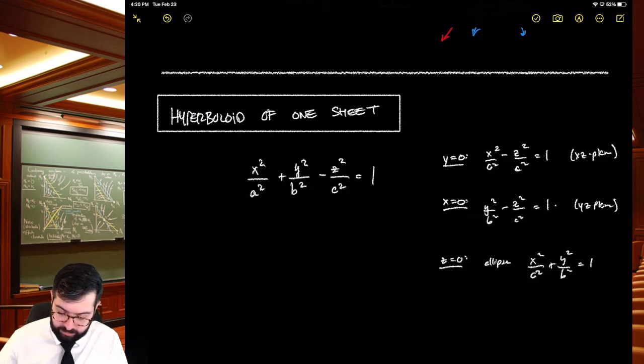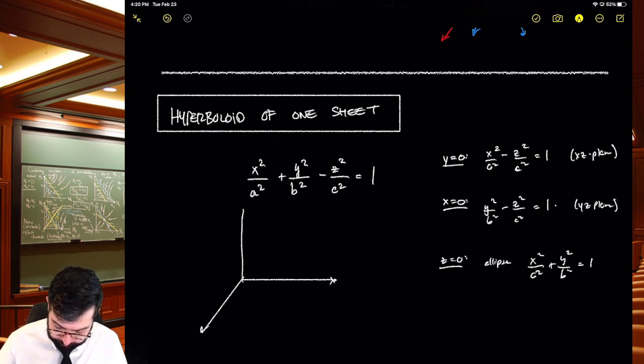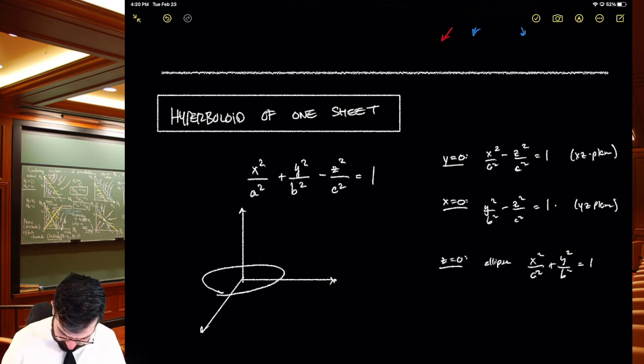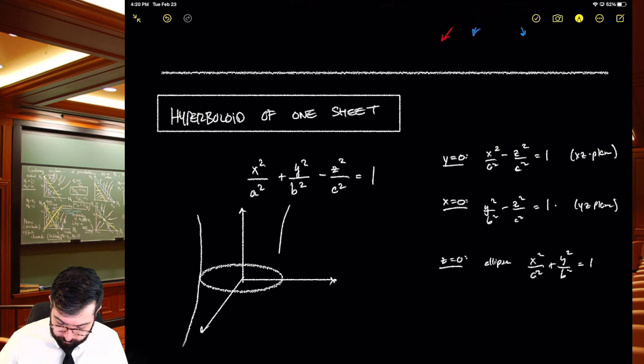So what this thing looks like, I haven't drawn one of these in a little bit, is an ellipse in this direction. They kind of look like those nuclear power plants.